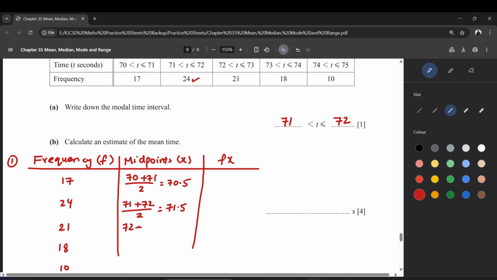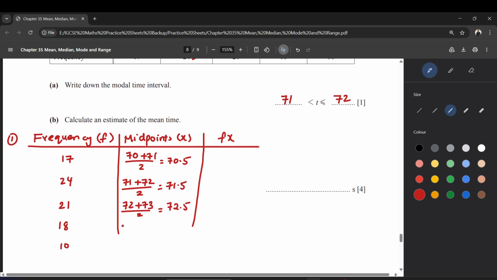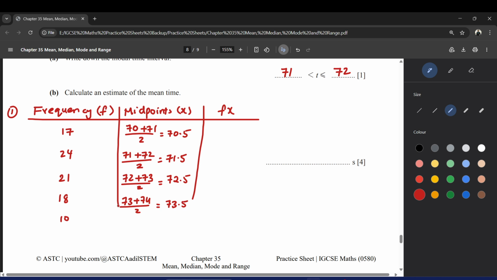So 72 plus 73 divided by 2 is equal to 72.5. Then for 18, 73 and 74. 73 plus 74 upon 2 equals 73.5. Then 74 plus 75 divided by 2, and that would be 74.5.